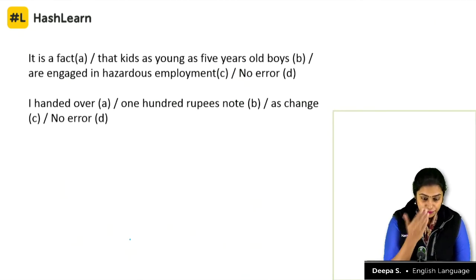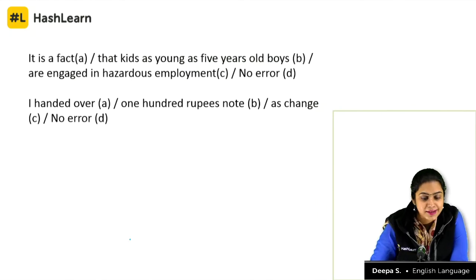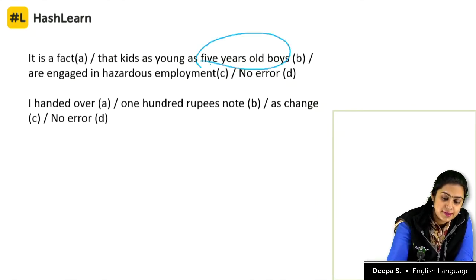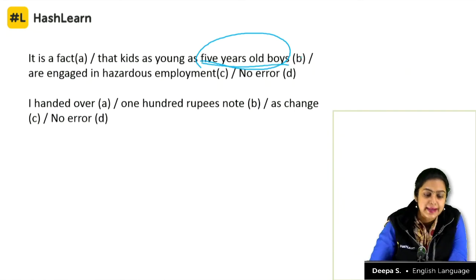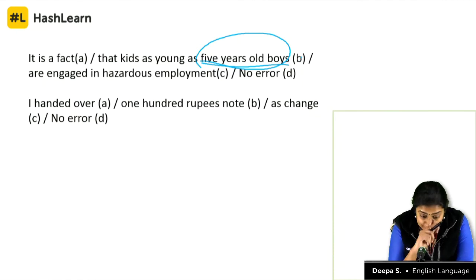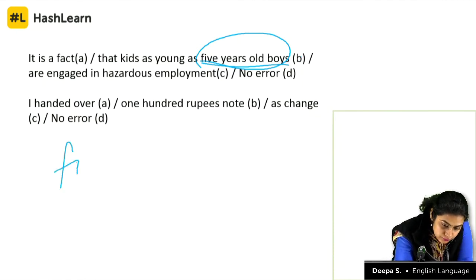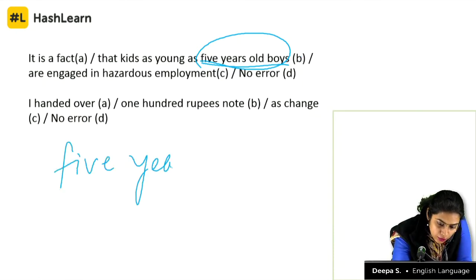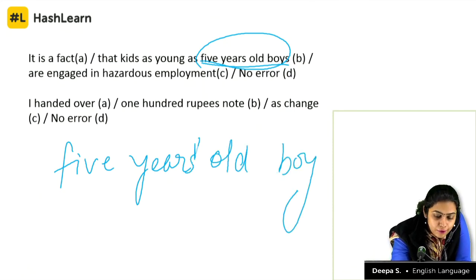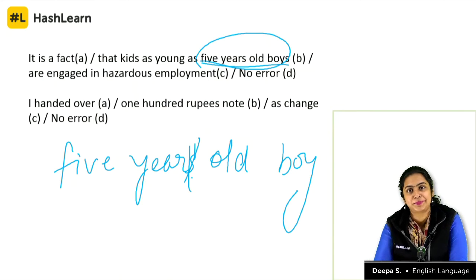Next we move on to look at this. It is a fact that kids as young as 5-year-old boys, 5 years old boys, are engaged in hazardous employment. Now, it is always 5-year-old boy and not 5 years old boy.